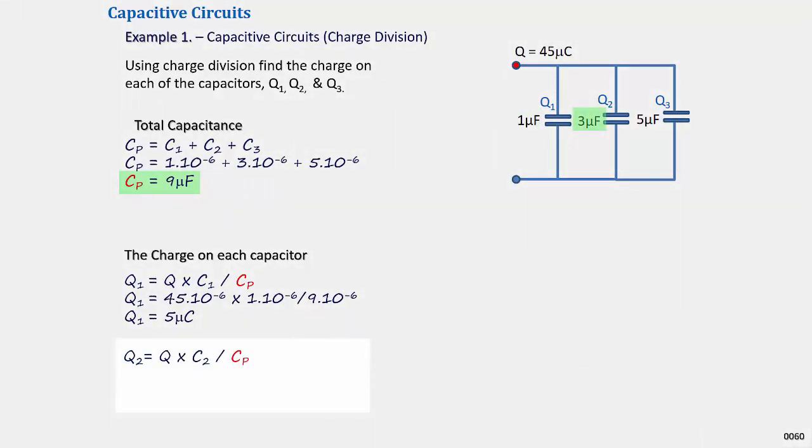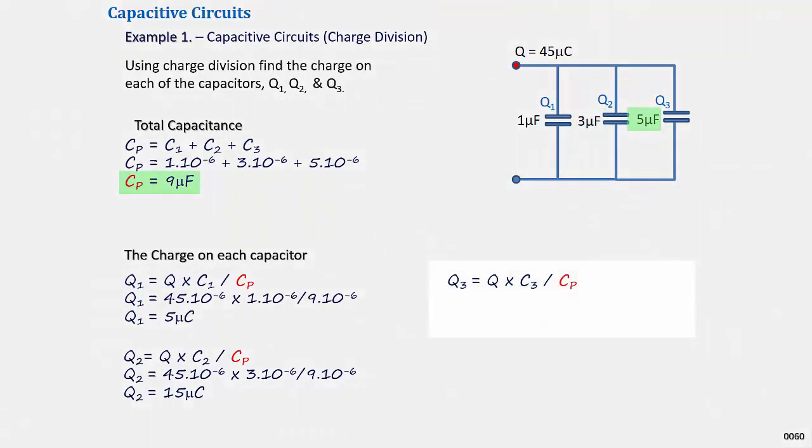And Q2 equals Q times C2 divided by Cp. Substituting the values, Q2 equals 45 times 10 to the power minus 6 times 3 times 10 to the power minus 6 divided by 9 times 10 to the power minus 6, which equals 15 microcoulomb.